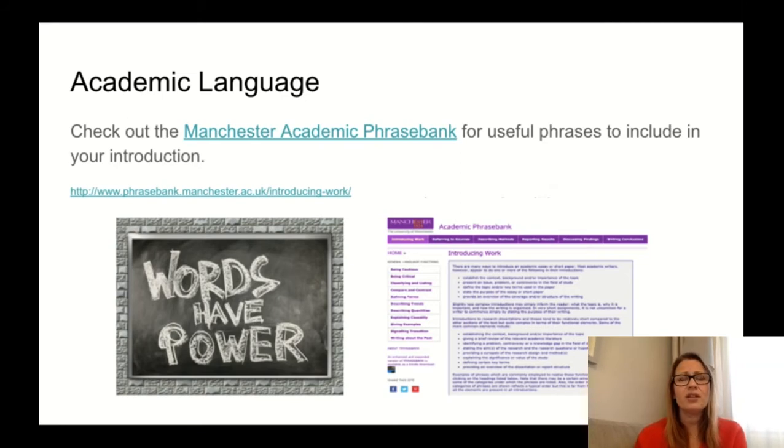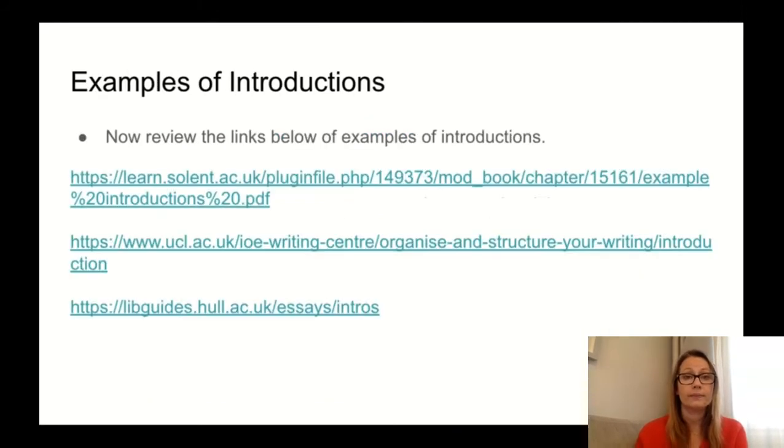I also encourage you to look at the literature reviews in journal articles, just to see how they introduce work and obviously provide conclusions as well. Because you can get ever such a lot from reading academic journals and how they're written and the language that you can use and adapt and adopt for your own work.